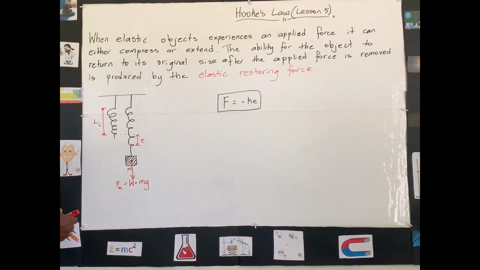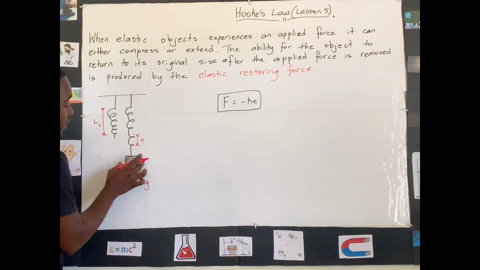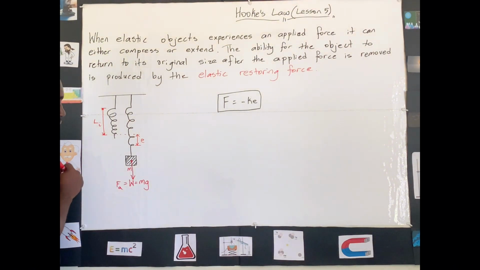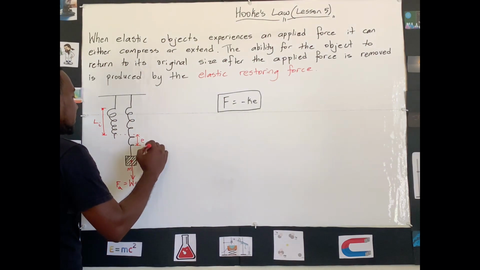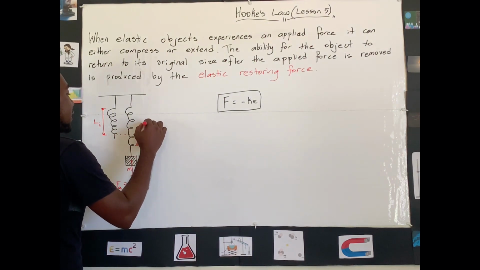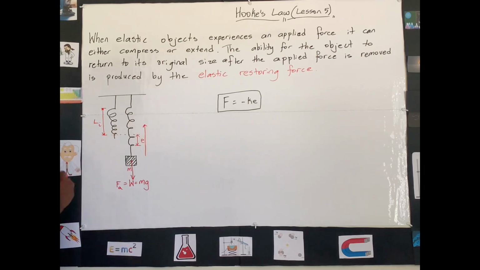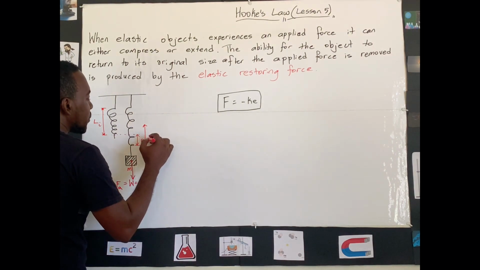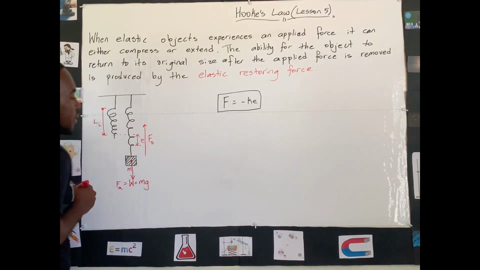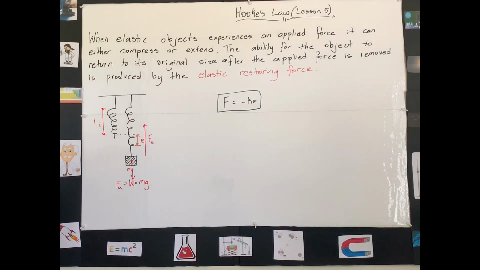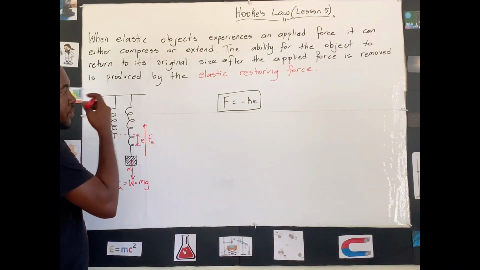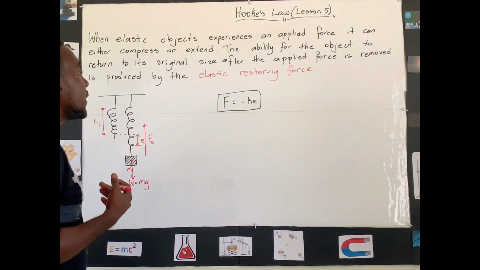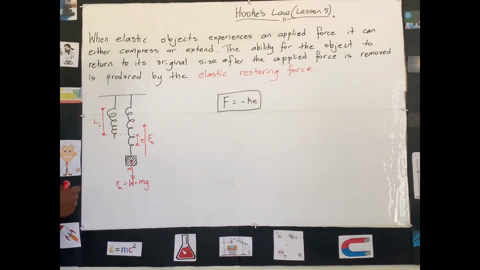Now, in this diagram, after we release this mass, or take this mass off, the spring will produce a force to pull it back up. And that force is called a restoring force. Let's call it Fs.